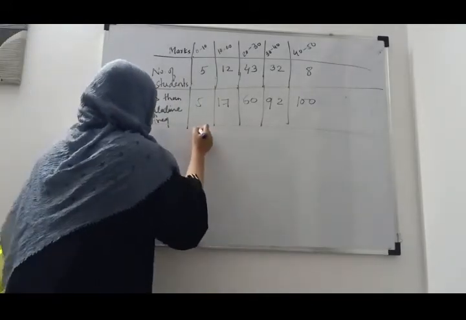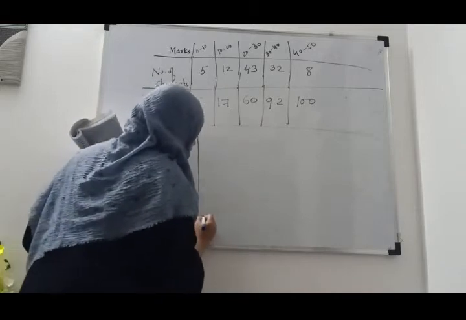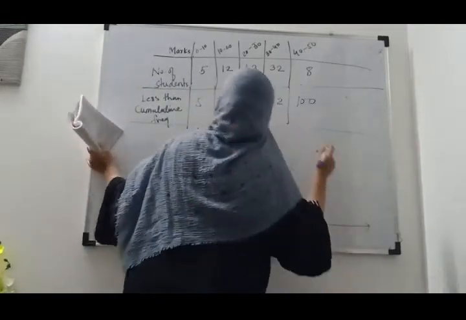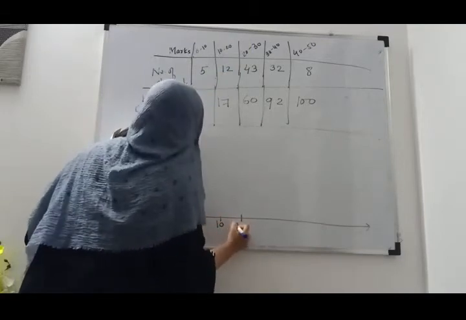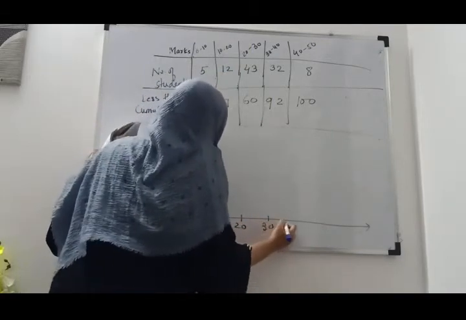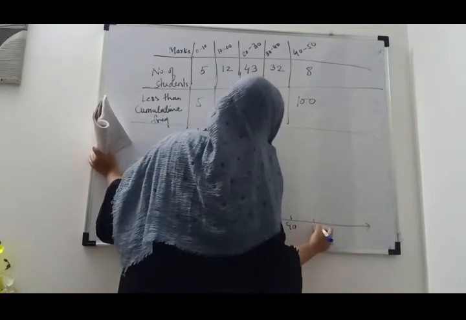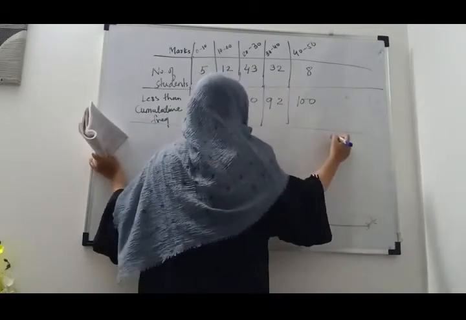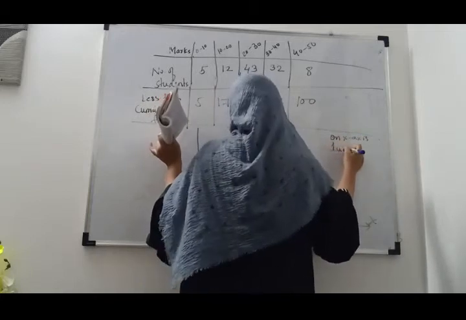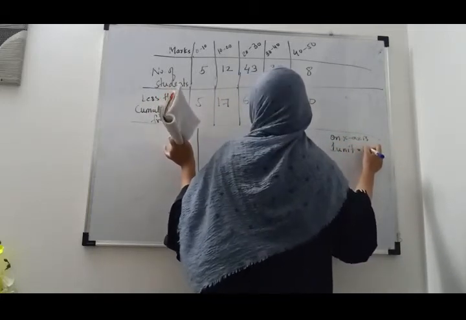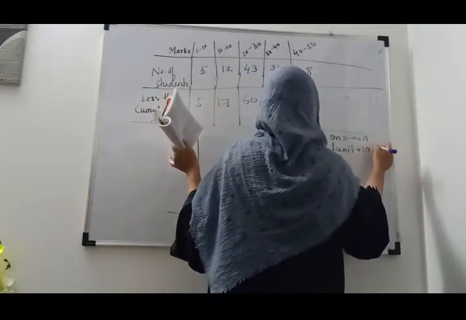So now we will plot a graph by taking the upper values on x-axis 10, 20, 30, 40 and 50. This is your x-axis. So on x-axis we are taking 1 unit as 10 marks.